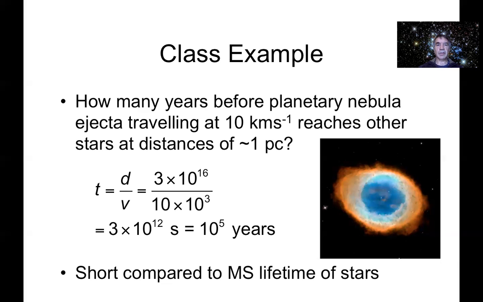That's the idea here: the processes that re-inject enriched material into the space between the stars at the end of a star's life are fairly short compared to the actual lifetime of stars. So you can see that this idea of recycling material into new generations of stars can be a fairly quick turnover.